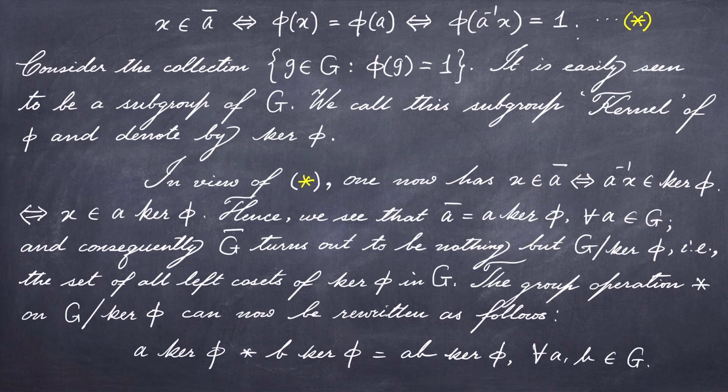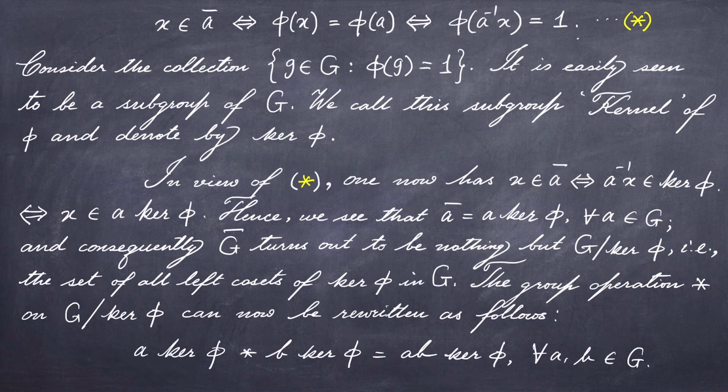That means x lies in this coset of ker phi, and since this is if and only if, A bar is nothing but this entire coset, and consequently G bar is nothing but the collection of all left cosets of ker phi in G.